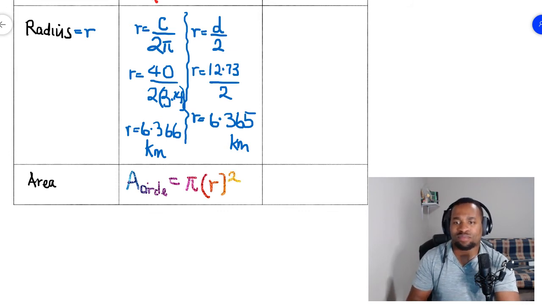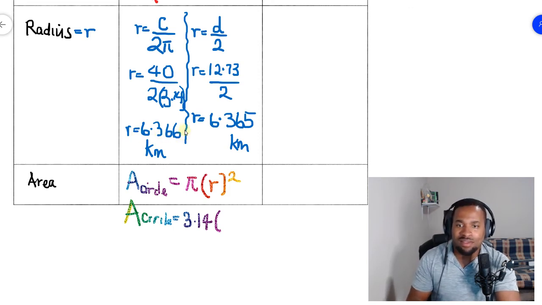And so once we have this, we're going to put our numbers in here, and so our area of our circle is equal to pi, which is 3.14, multiplied by our radius, which is what we determined to be right here, 6.366, and so 6.366, take note, we're going to perform the square of that.